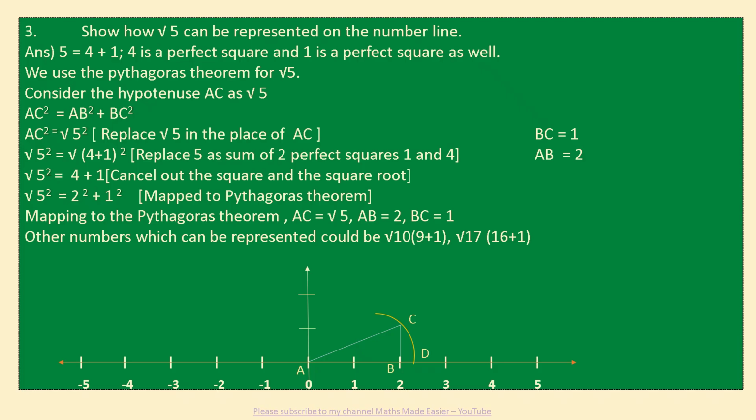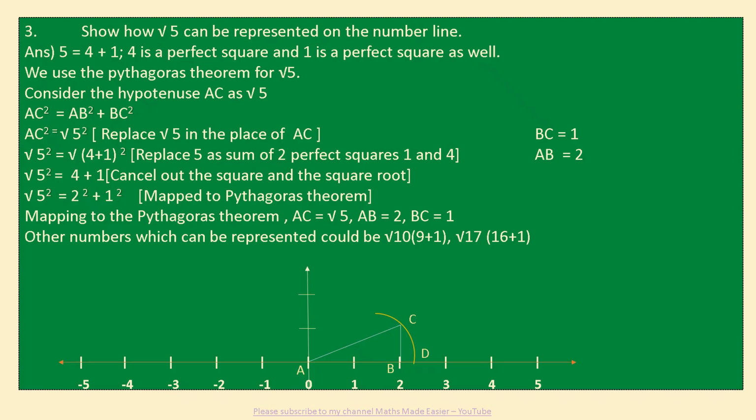This kind of a representation maps to the Pythagoras theorem where AC is root 5, AB is 1 and BC is equal to 2, which you can make out from the number line also. From the number line, if you look into, AB is 2 and BC is 1.